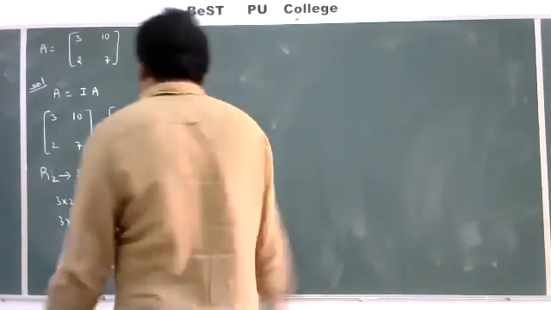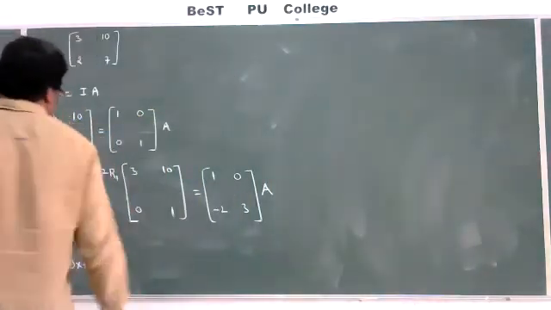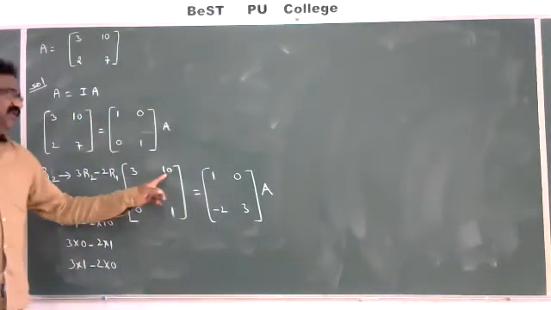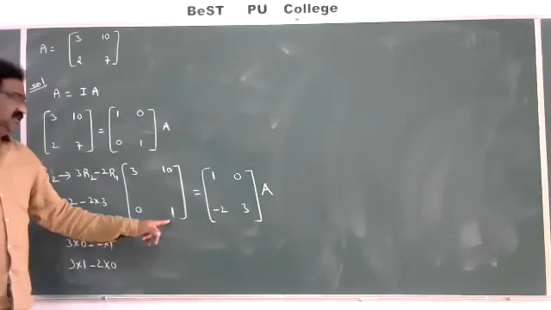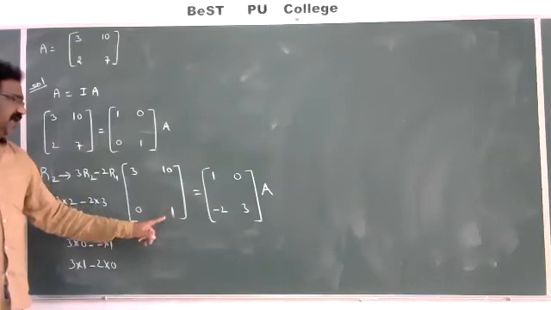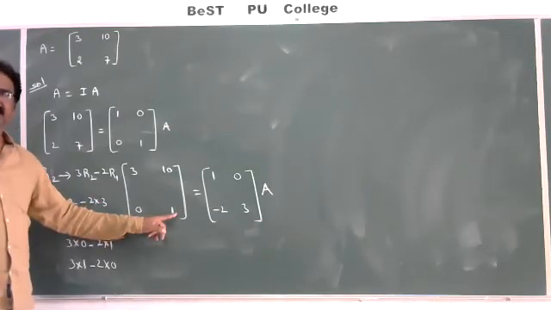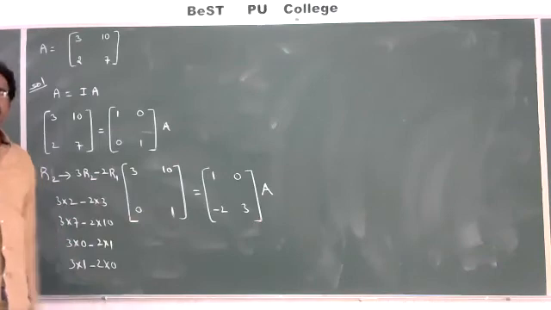Then we require 1 here, 0 here, by using this element. That's why multiplying 10 with this element, that is 10 into 1, 10, 10 minus 10 is equal to 0.